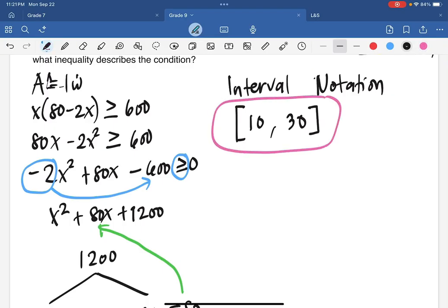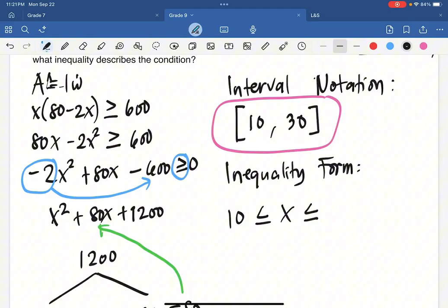And when we write it in inequality form, we have x is greater than or equal to 10, but x is less than or equal to 30. And that's it for today.